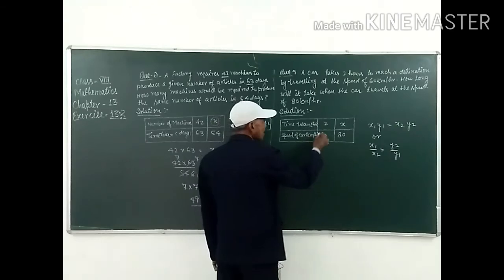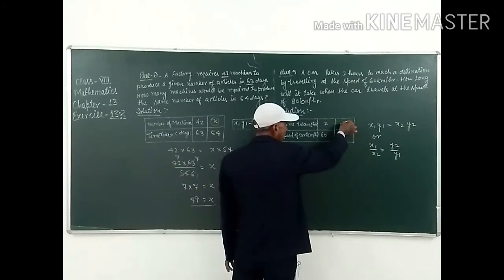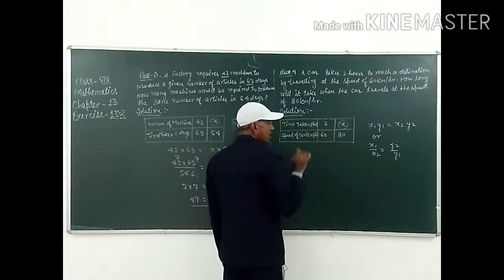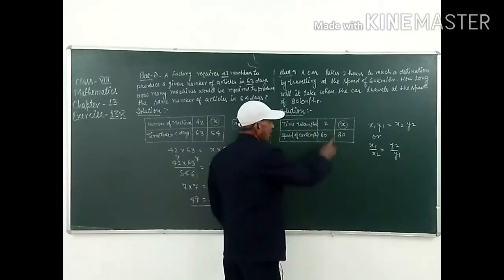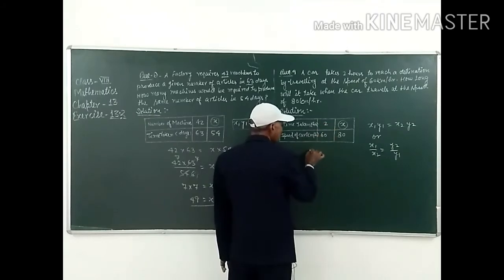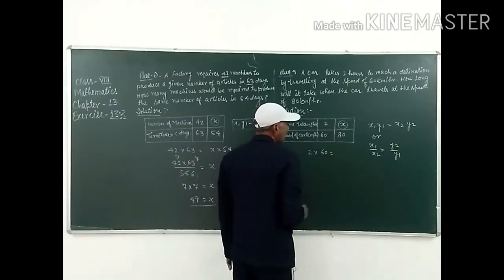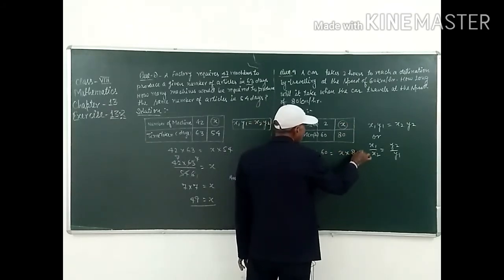So in this, first x1 y1 and x2 y2. In place of x2 there is x, that is the unknown quantity. We have to find this, and this is the time taken in hours. So this will be 2 into 60 is equal to x into 80.